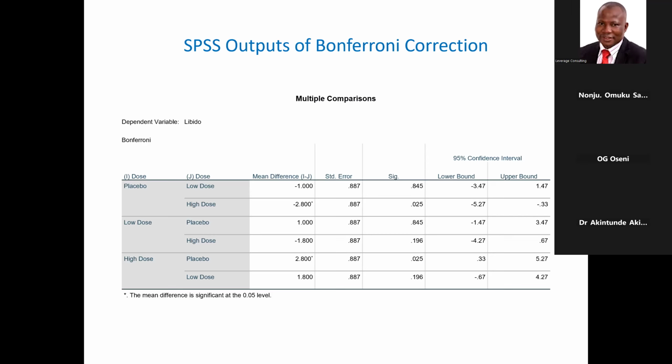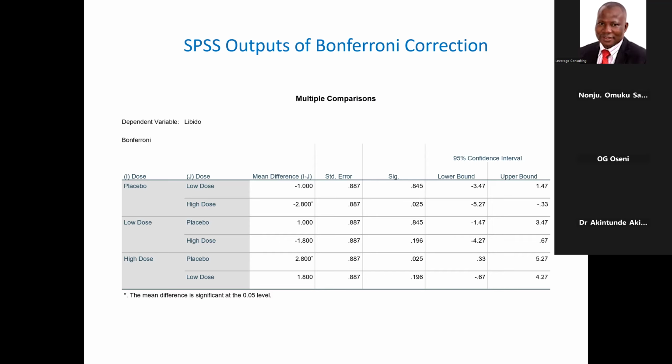Now, you will see the first column in this row, I. That tells you which group or dose, because the group is the dose. So you see group 1, group 2, group 3. The second column, J, means the group you are pairing that one with.